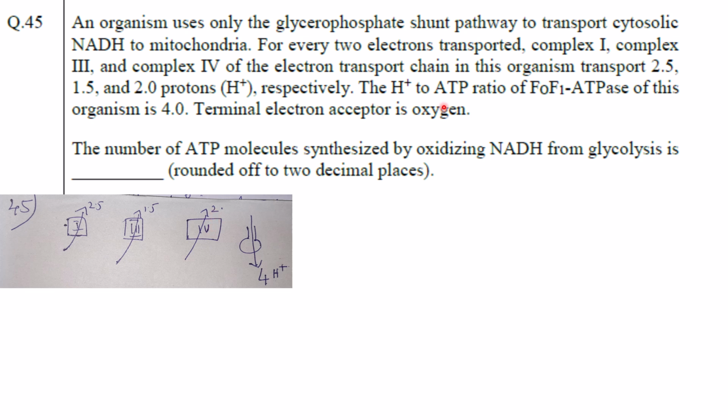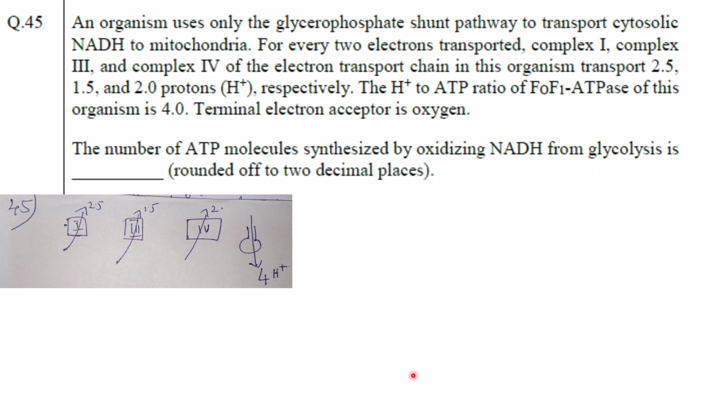Then the H plus to ATP ratio of the F0F1 ATPase of this organism is 4. So 4 H plus ions are transported inside. The terminal electron acceptor is oxygen. The number of ATP molecules synthesized by oxidizing NADH from glycolysis is.